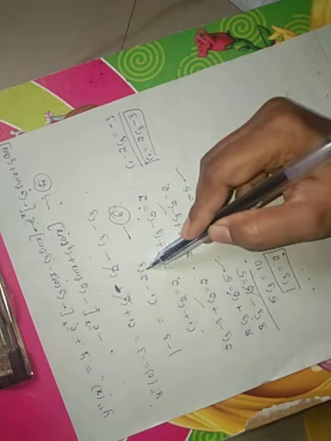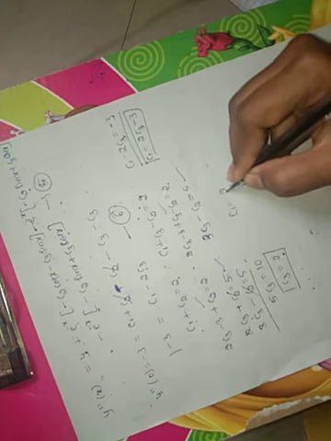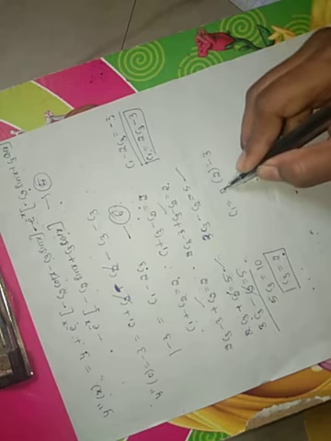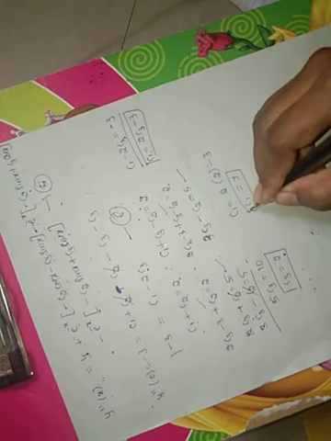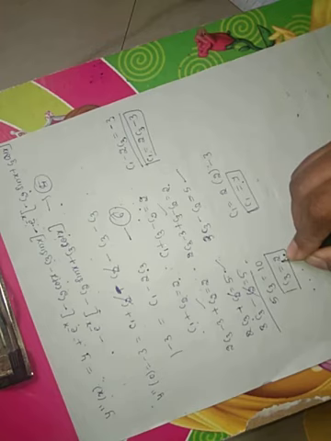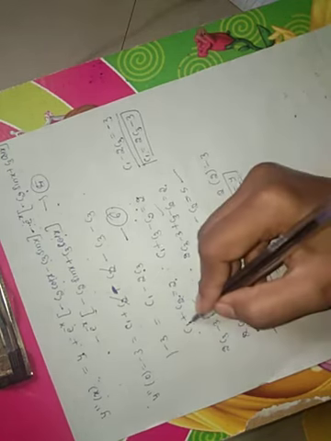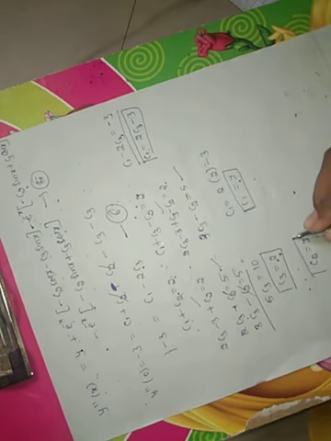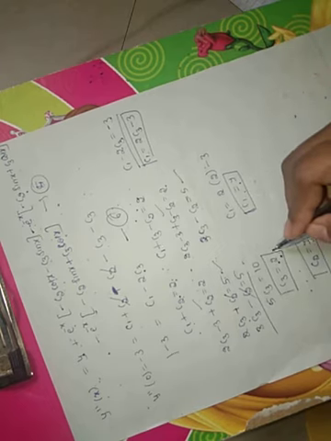Here C1 equal to 2 into C3 minus 3, 2 into 2 is 4, 4 minus 3 is 1, C1 equal to 1. Put C1 equal to 1 here, C2 equal to 1: sending it to the RHS side, 2 minus 1 is 1. So C1 equal to 1, C2 equal to 1, C3 equal to 2.